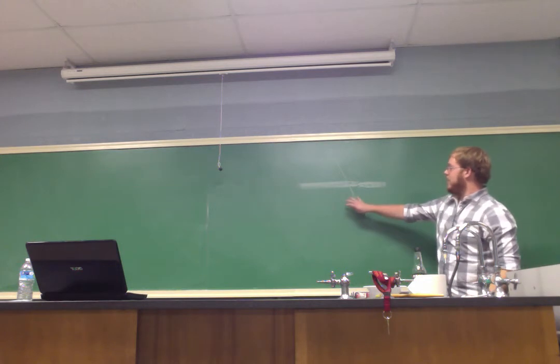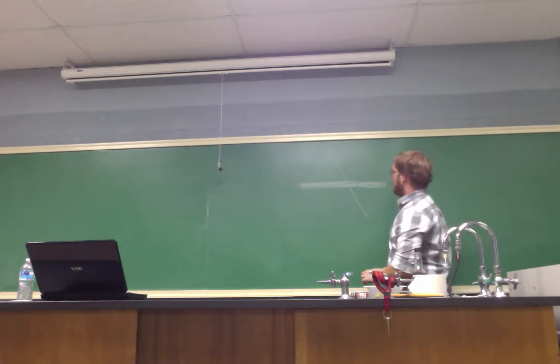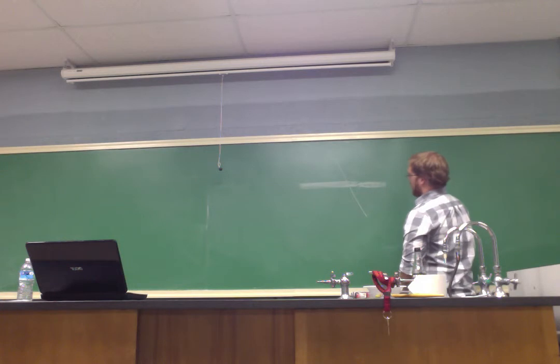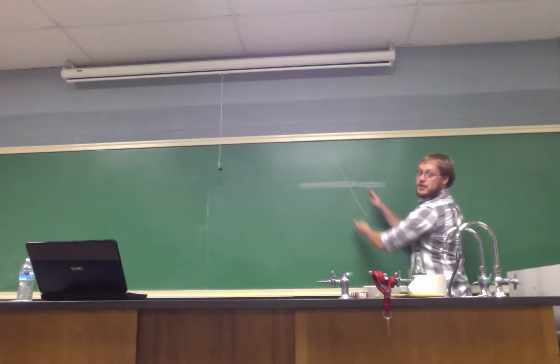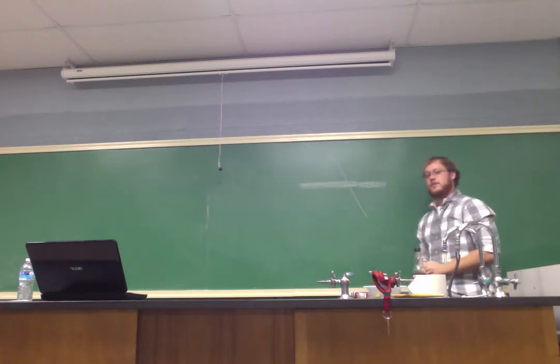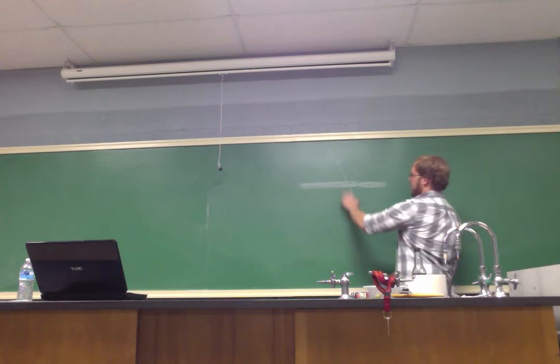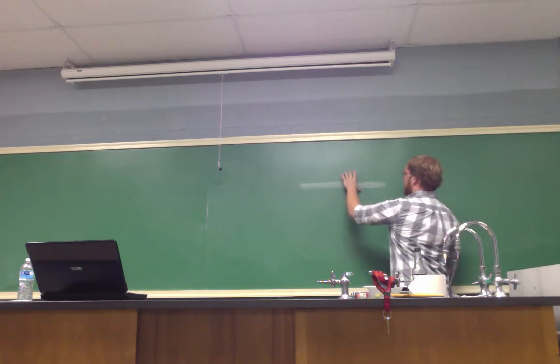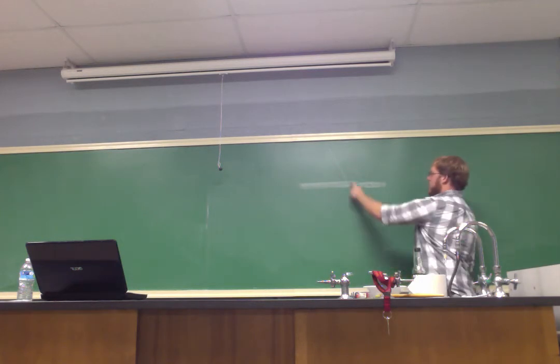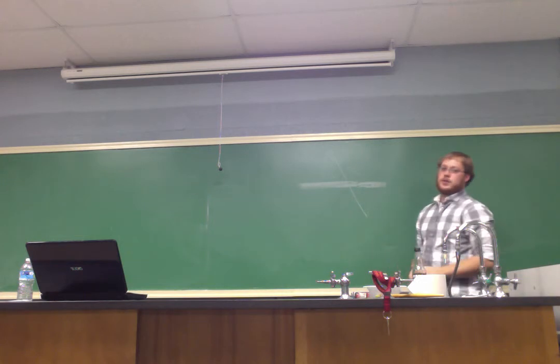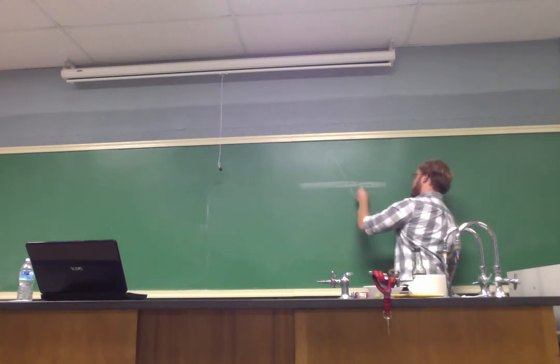So we see that. Now let's look at it a different way. Aren't these also two sets of supplementary angles? So let's look at this set right here. So 180 minus 120 must equal 60.